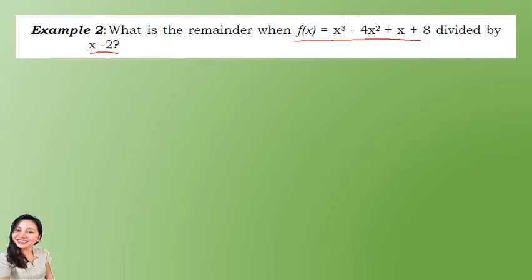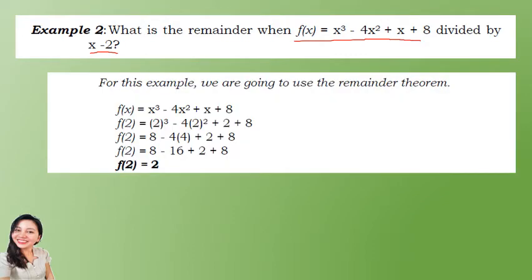Since this lesson is about the remainder theorem, you are encouraged to use it, but synthetic division is also okay. For this example, we are going to use the remainder theorem.